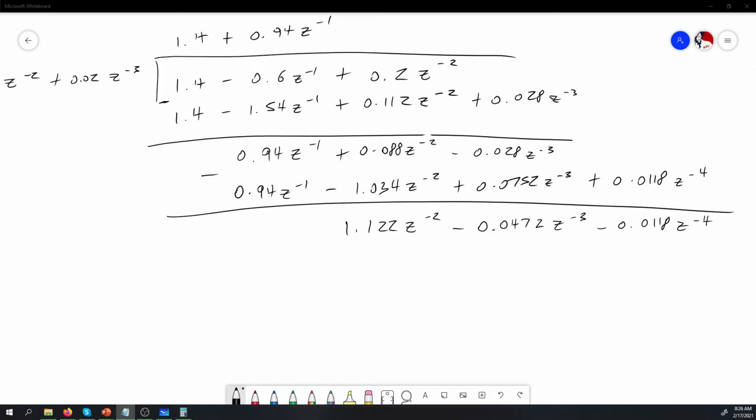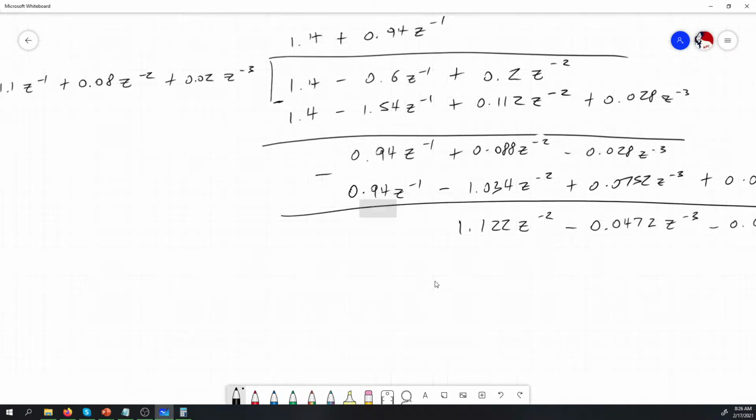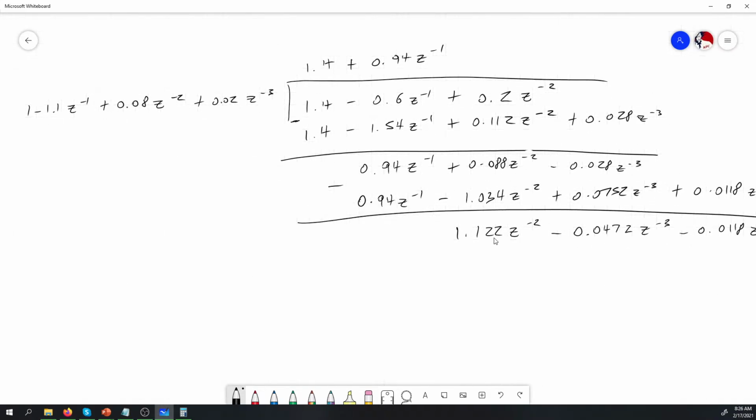Alright, good. And then our last step: because we're stopping at z to the minus 2 on our quotient, this 1.122 z to the negative 2, being our remainder, is now going to be divided by the first term in our denominator.